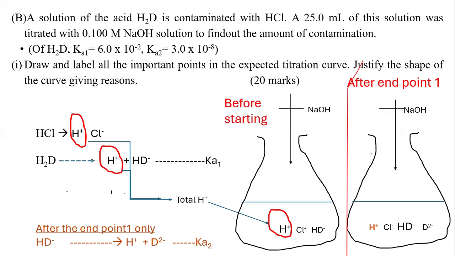Okay, then what happens? This H plus, what is the reaction? Sodium hydroxide plus H plus. So either you can write the formation of water or the full reaction. NaOH plus HCl gives NaCl plus water. Then NaOH plus H2D giving you what? H plus plus NaHD. Okay?